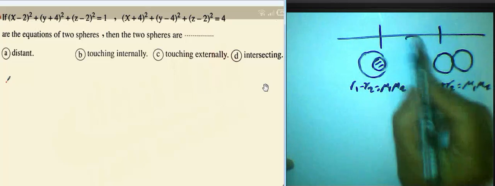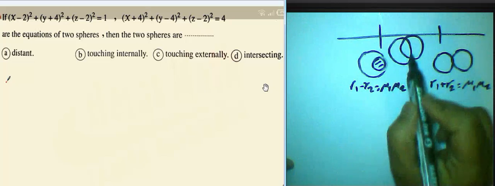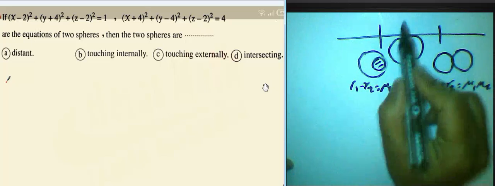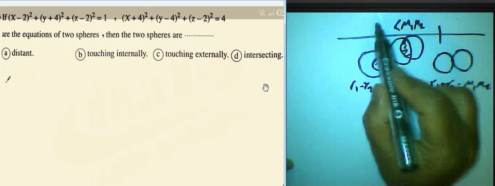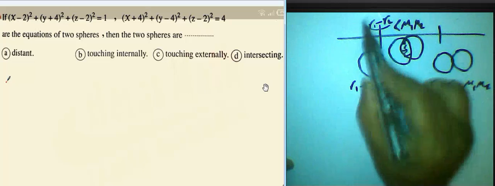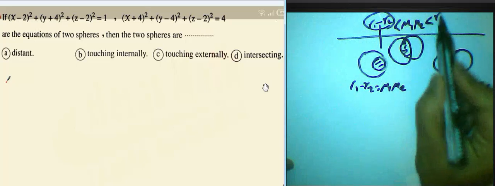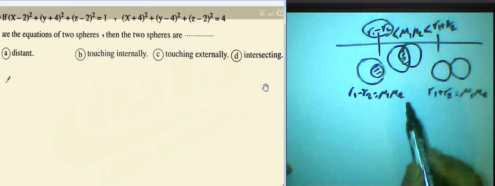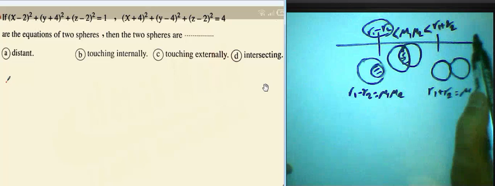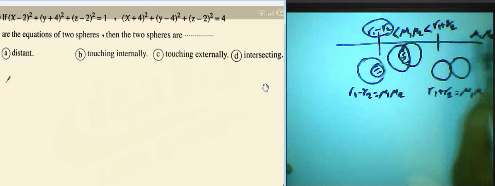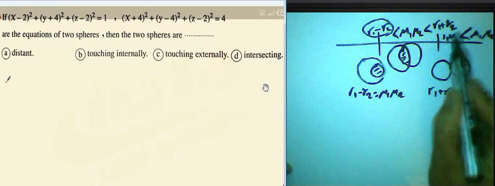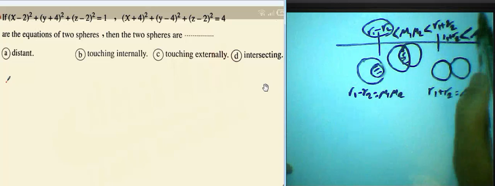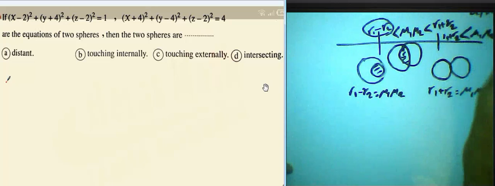And if the two spheres intersect at two points, then the distance between M1 and M2 is greater than the difference between R1 and R2 and less than R1 plus R2. And if the distance between M1 and M2 is greater than the sum R1 plus R2, then we call them distant. Okay, it will be distant.